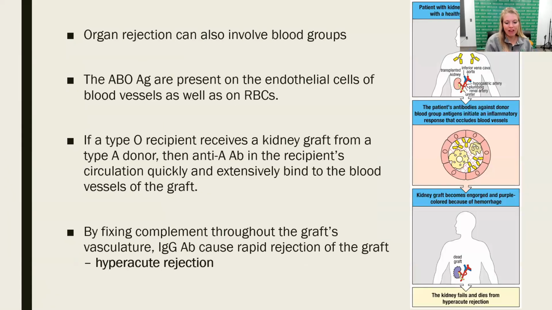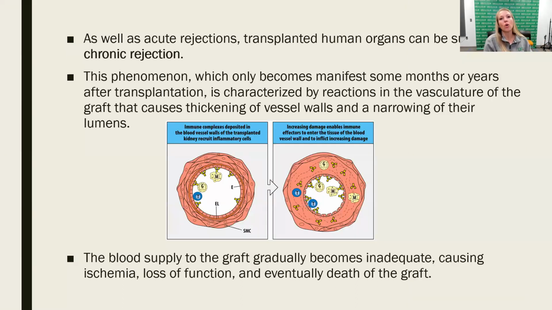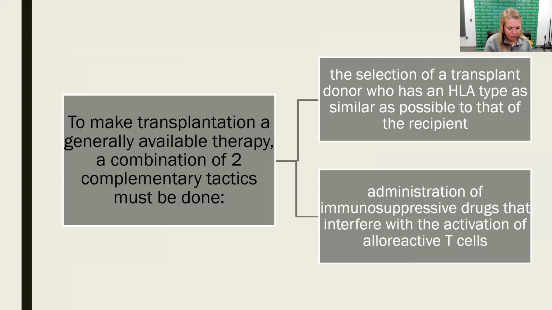So we can have a fast attack on the graft called an acute rejection. We can have a hyperacute rejection where ABO blood groups don't match, and it can be very fast and destructive, or a longer situation where we have a chronic rejection. But in any of these cases, two complementary tactics must be used in order to increase the chance of that graft surviving.